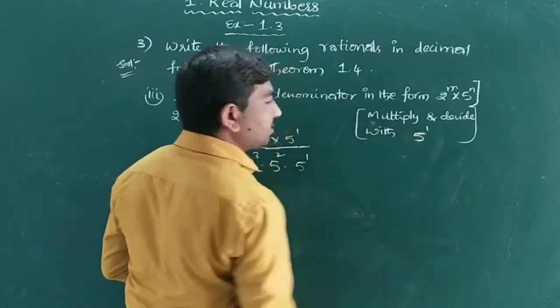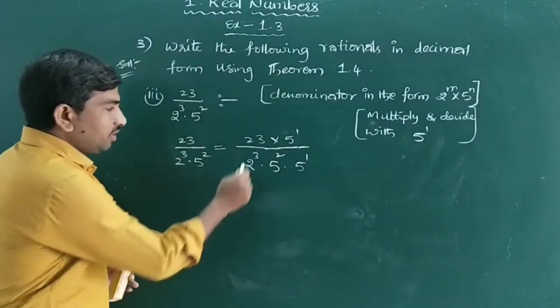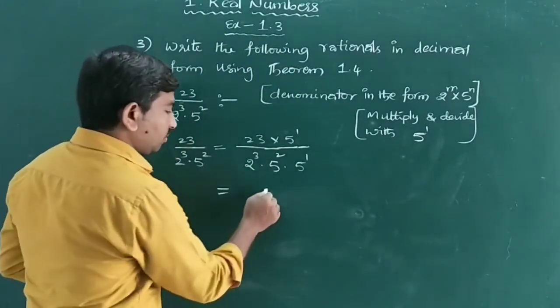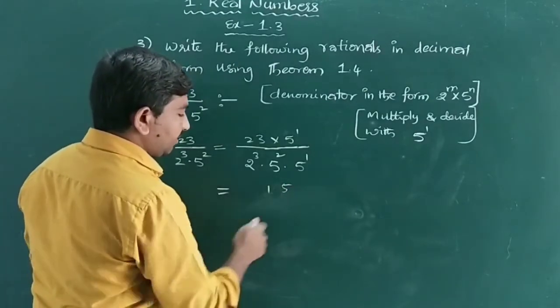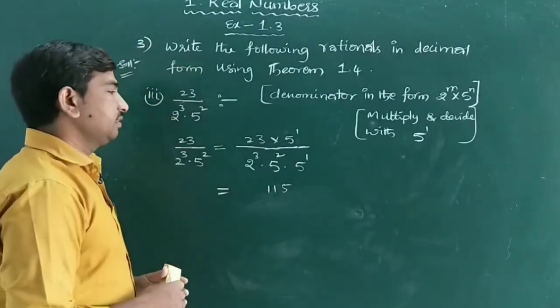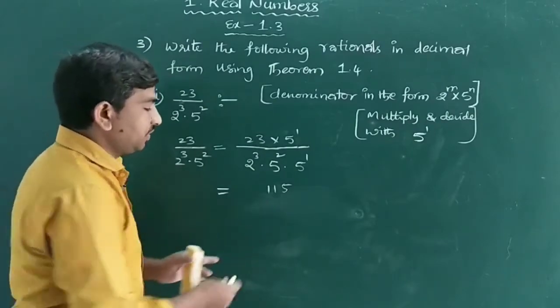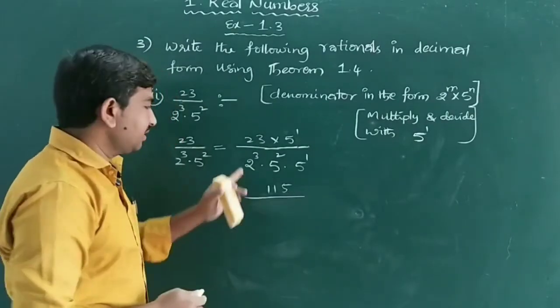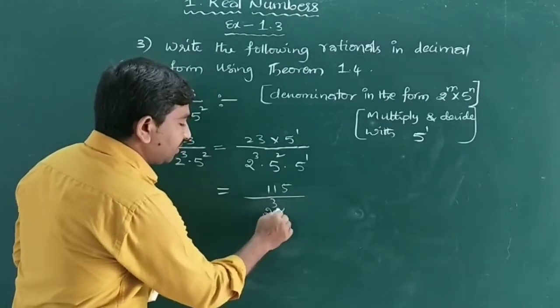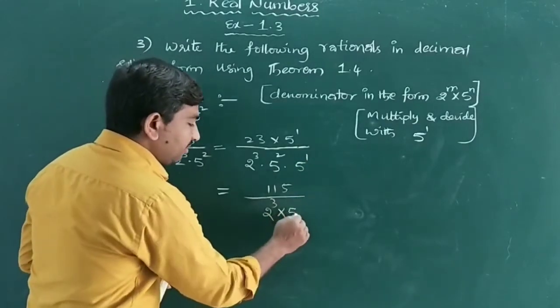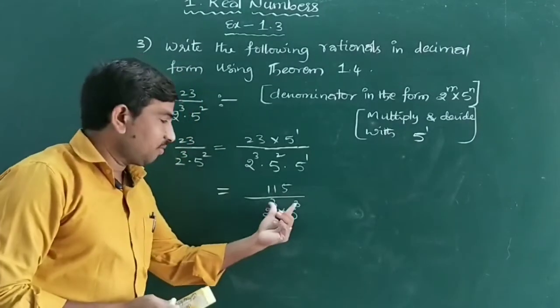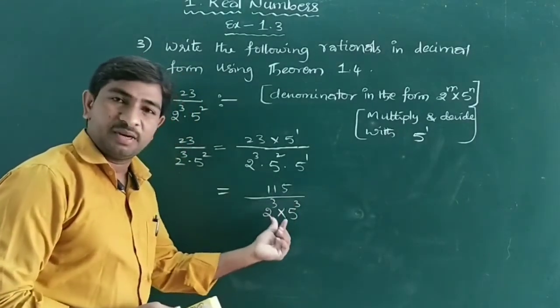So 23 into 5 is 115. Now observe the denominator, 2 power 3 into 5 power 2 into 5. Bases are equal, so powers should be added. So 5 power 3. Now the powers are equal. It is in the form of 2 power m into 5 power n.